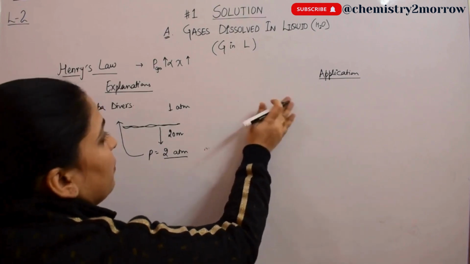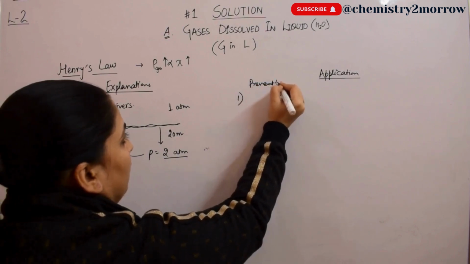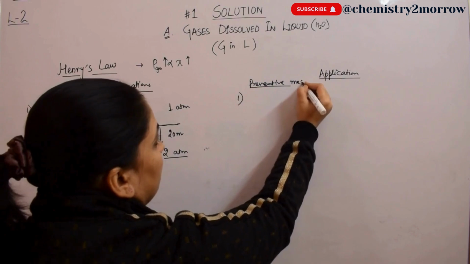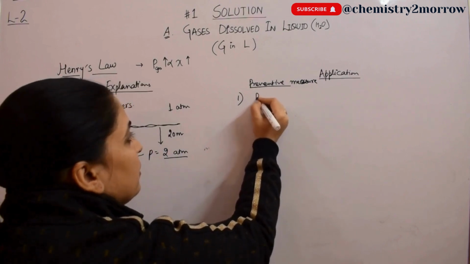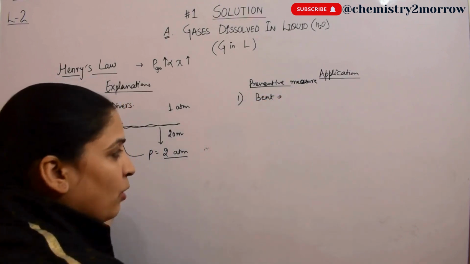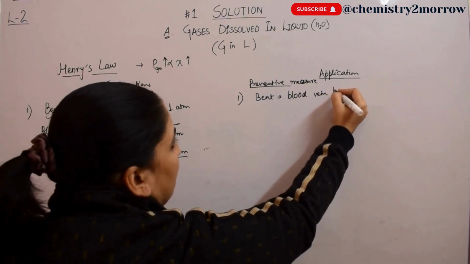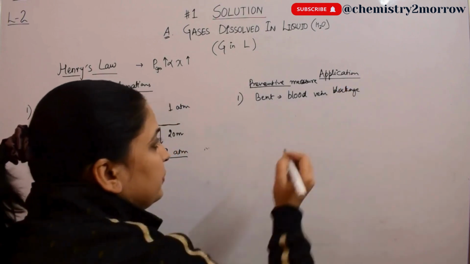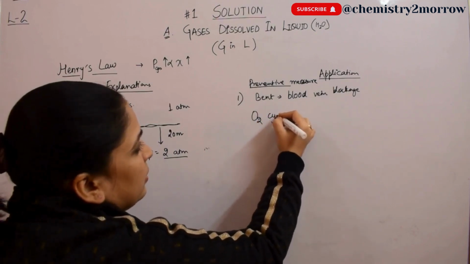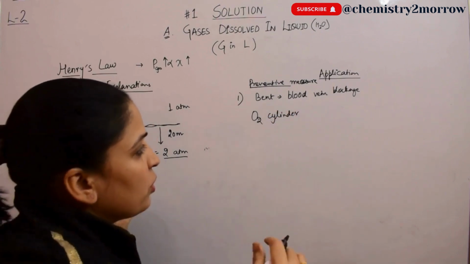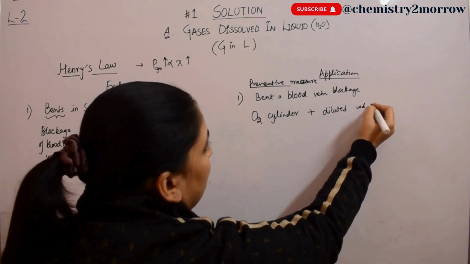A preventive measure for scuba divers for the condition of bends is that the oxygen or air cylinder that they carry during the diving process is diluted with helium.